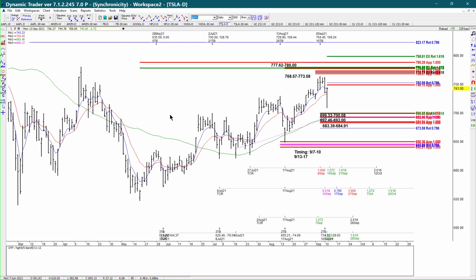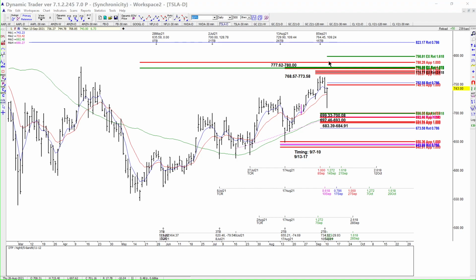As far as Tesla, remember we did have timing at that last high. We did see a pullback, but did not quite get down into the support that I was looking for as far as an entry. But if we do end up resuming the rally, and to do that we would really need to clear 749.10 to 752.55, then we are going to once again watch for an extension to the upside.